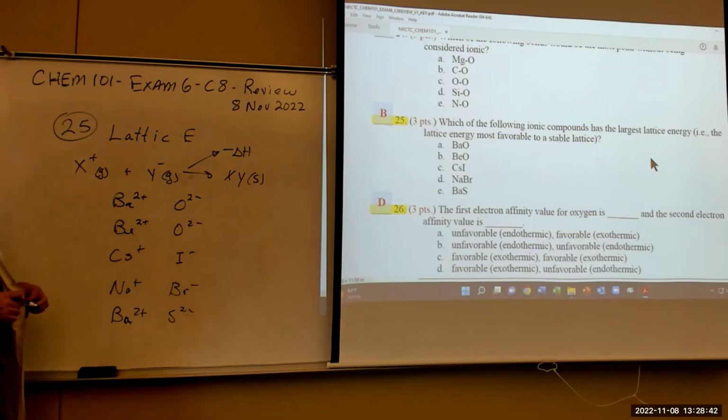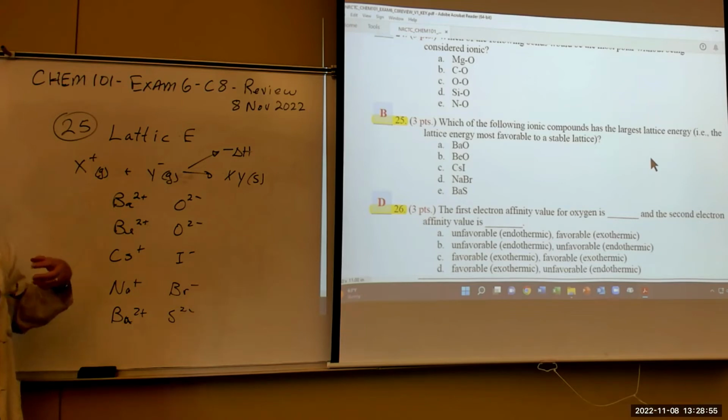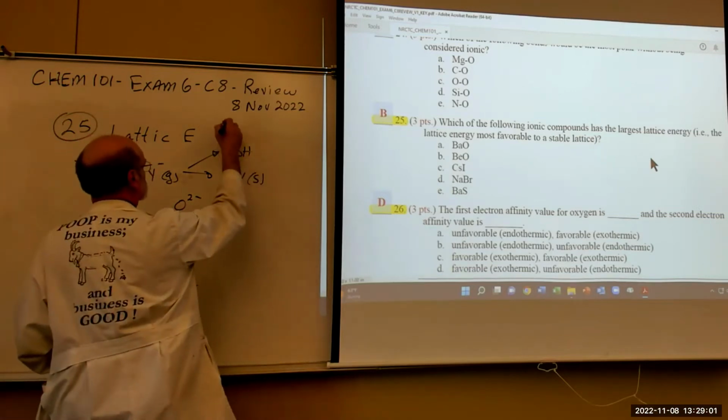Now, what's the influence here? Two things. Coulomb's law: how much energy is actually expended in separating those charges, and then the distance between them. Remember that one?